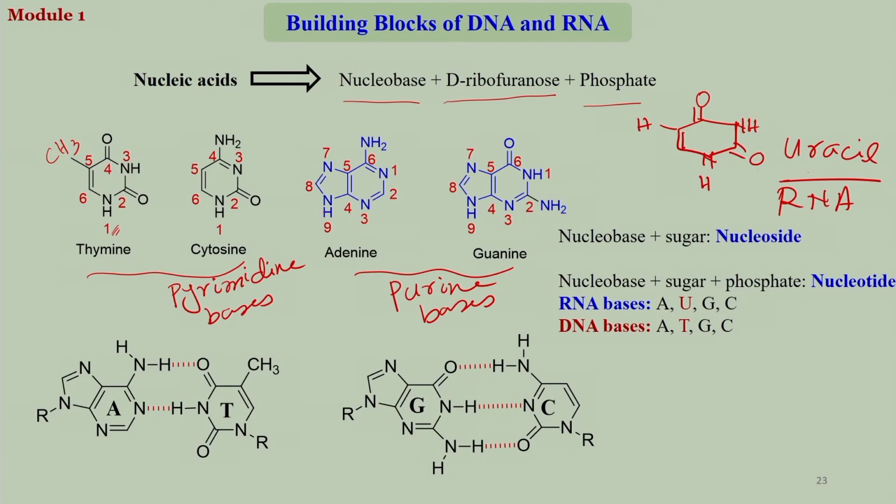When it comes to cytosine, here you have an amine group, and since there is an amine group, there is a double bond and N, that is the difference. So, thymine and cytosine are pyrimidines. I will draw the structure of both.